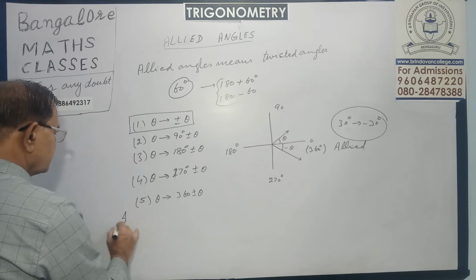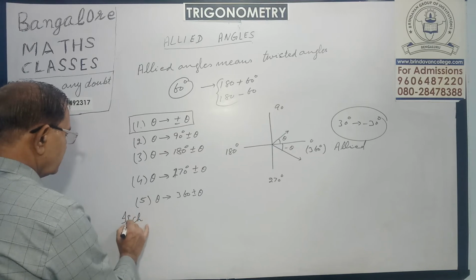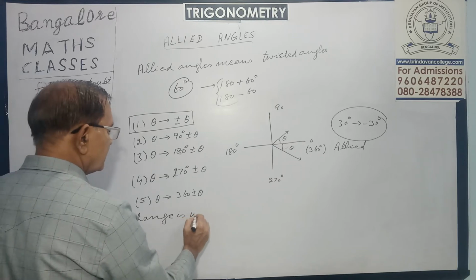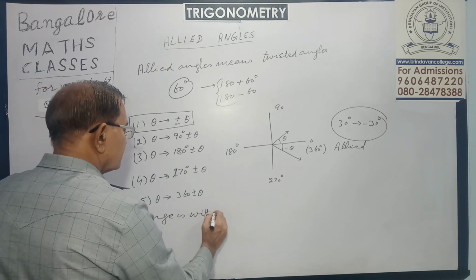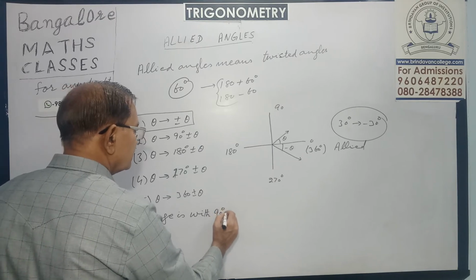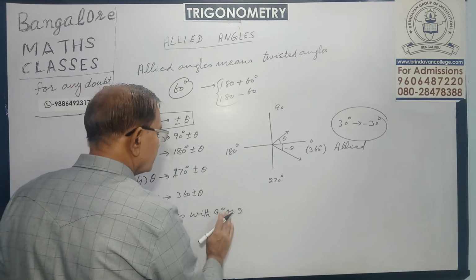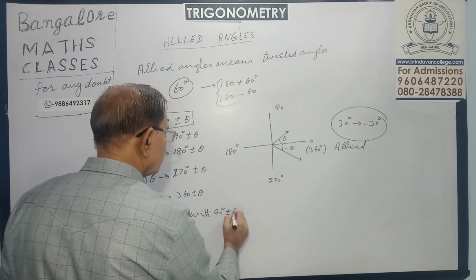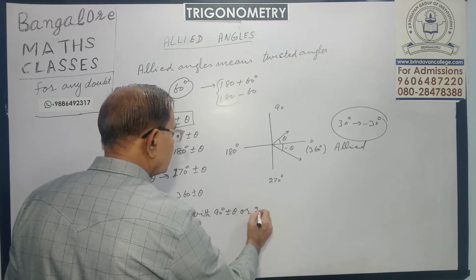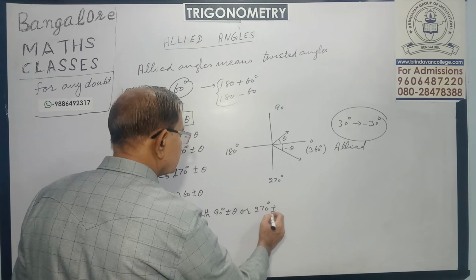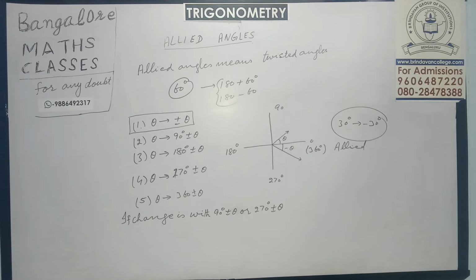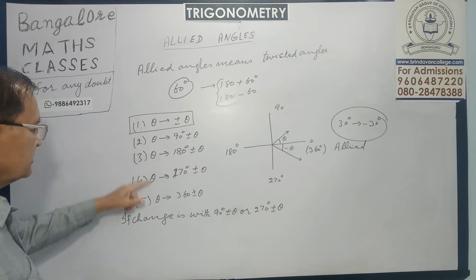This is very, very important. If it changes with 90 or 270, that is 90 plus or minus theta or 270 plus or minus theta, be careful here about the angles: it's 90 and 270 only, not for the others, theta to plus or minus theta, 180 and 360.